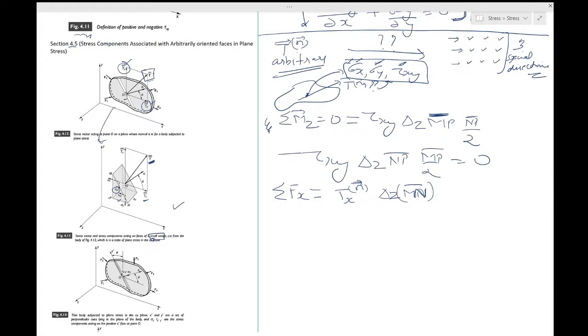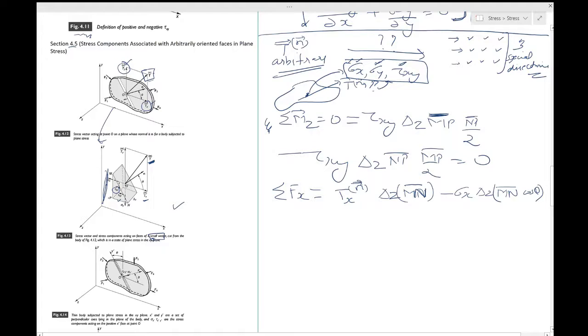Now in the x direction, you should have a minus sigma x, this one. You again do this delta z into mn cos theta. What this does is, this mn cos theta is essentially the projection which you would have on this plane. Essentially you want this to be equal to mp.